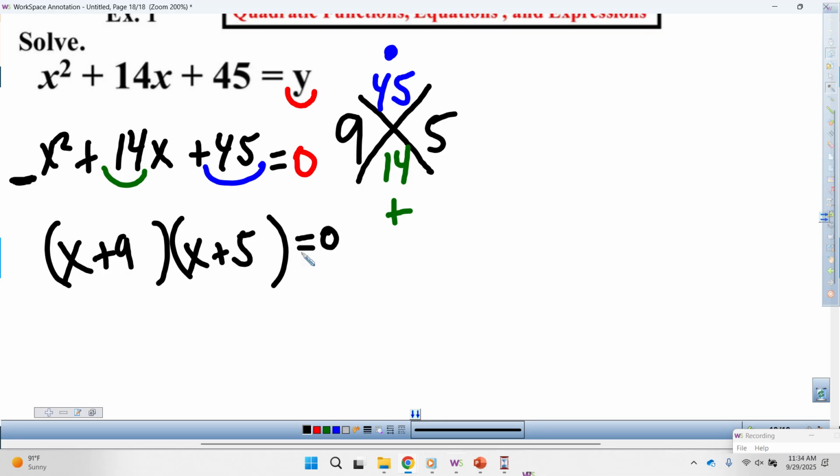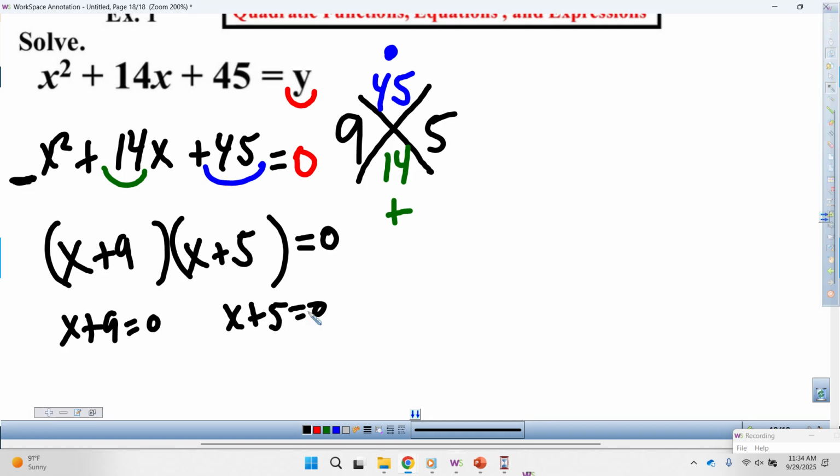If I have a number times another number equal to 0, that means one of them has to be what? 0. A number times 0 is always 0. Is that correct? Do we know which one is 0? No, that's why we write x plus 9 could be 0 or x plus 5 could be 0.